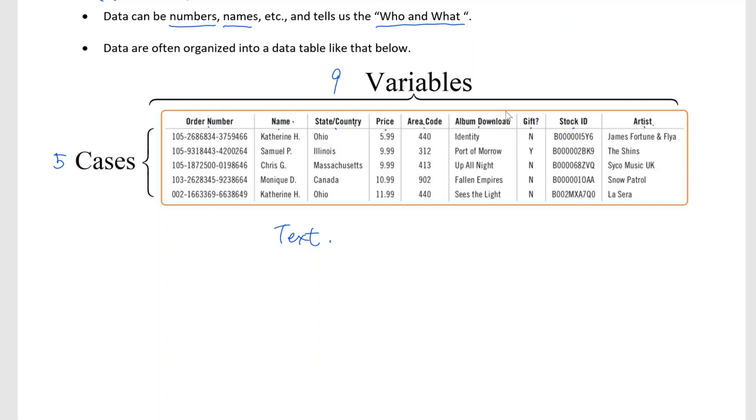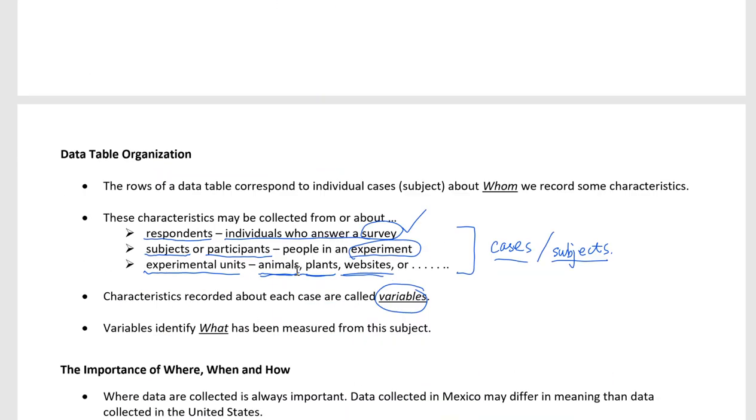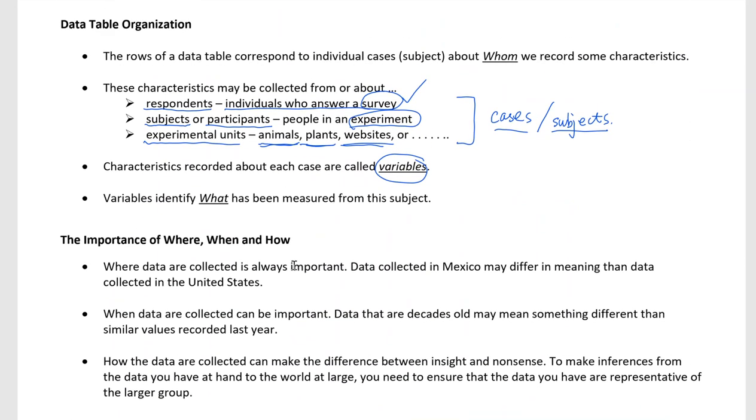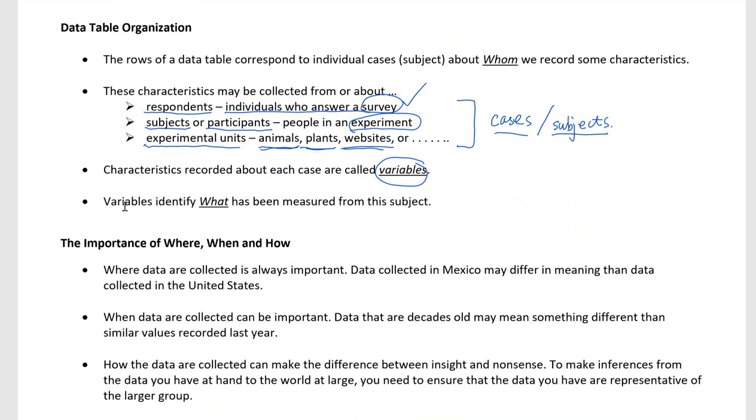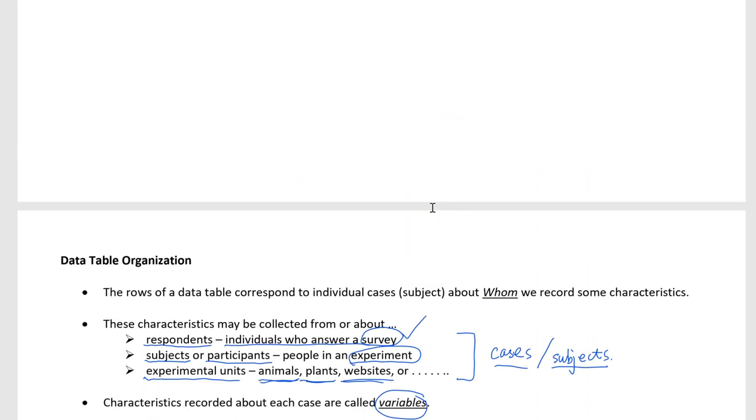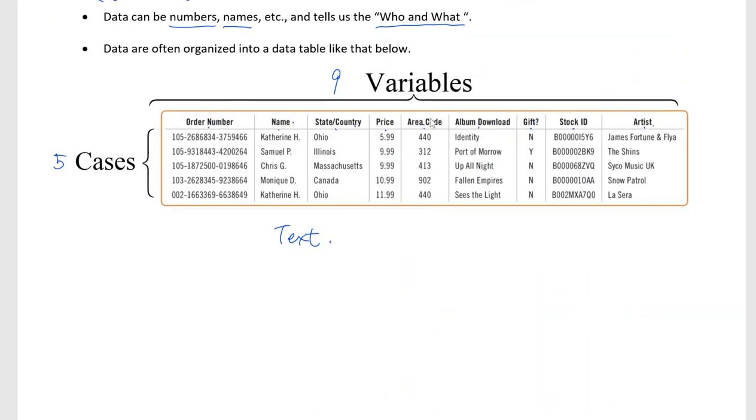So we say there are 9 variables for these cases. And the variables identify what has been measured from this subject. For example, for the first case, the number of it, the name of it, the state of it, the price of it, right? Okay.